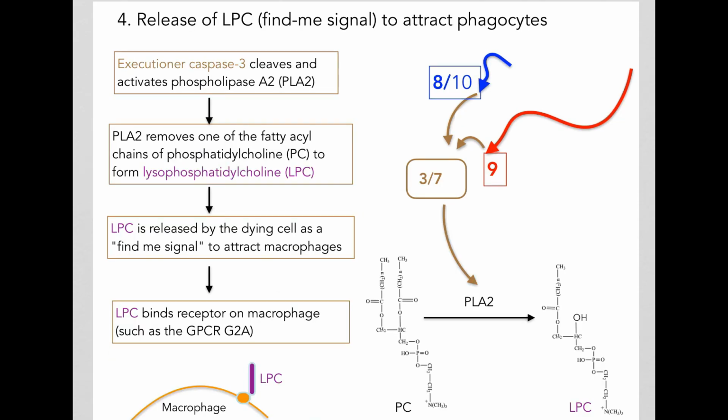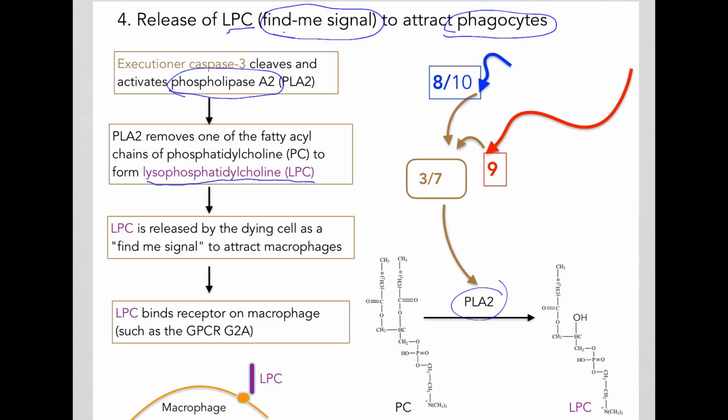Now, another effect of these executioner caspases is that they release LPC, lysophosphatidylcholine. These are find-me signals. So the cell releases these signals to tell immune cells, the phagocytes, to come and find this cell that is undergoing apoptosis. Executioner caspases activate the enzyme phospholipase A2, PLA2.